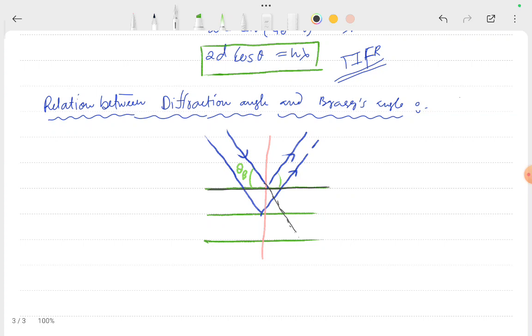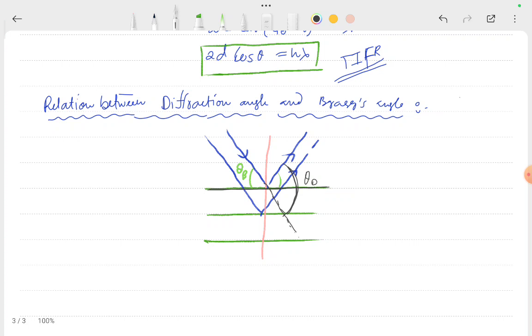But due to this plane, the X-ray changes its path by some angle. This angle is actually called the diffraction angle, theta d.